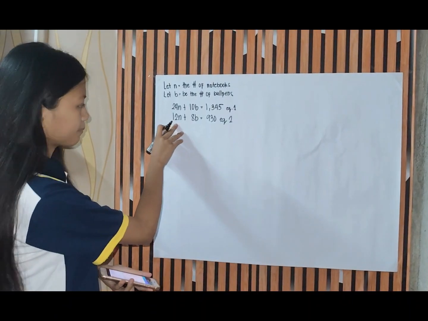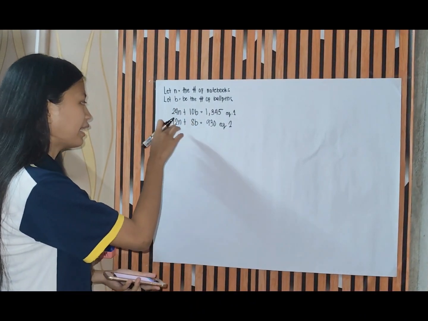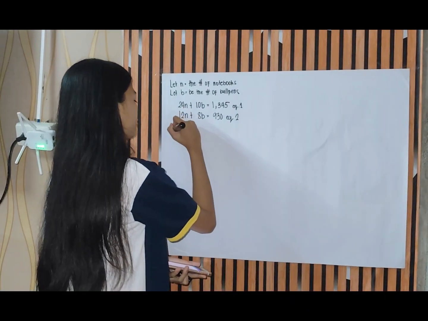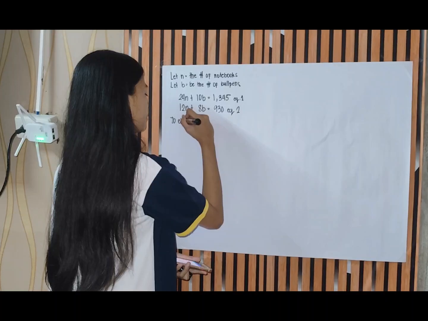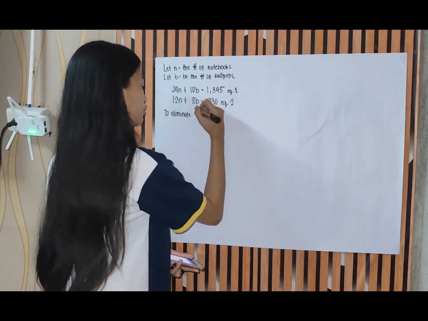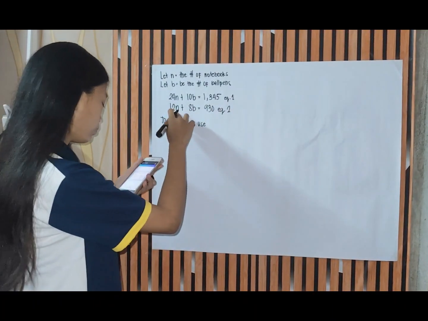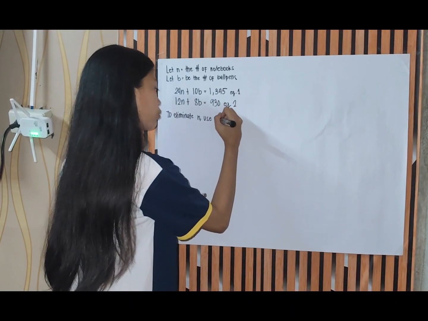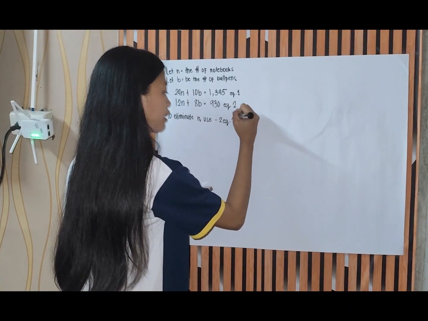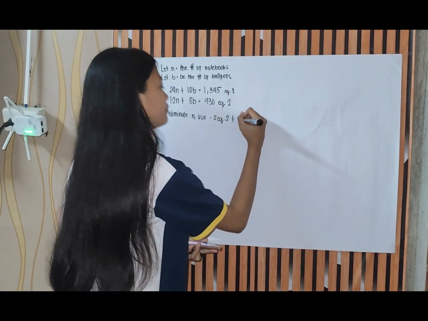So here we can eliminate n by multiplying -2 to equation 2, then add equation 2 plus equation 1.